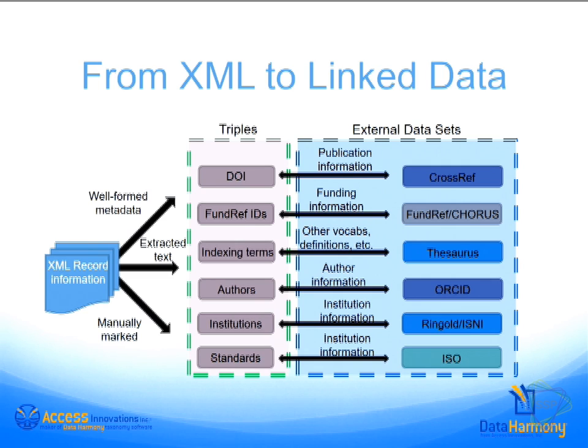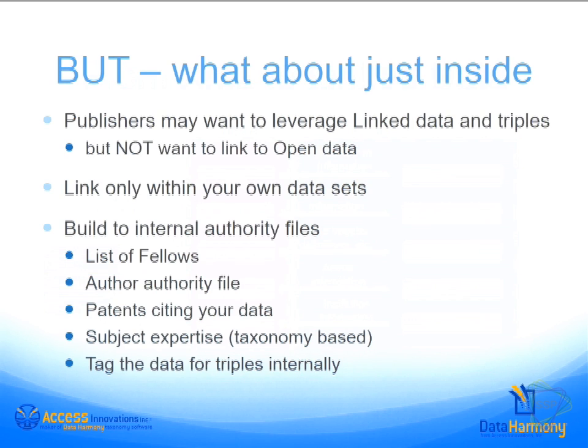So they might be inside your server cluster, but external to the triple store itself. And you might also go outside to verify that data out of Crossref. Your thesaurus might be inside. You might have downloaded ORCID IDs internally and so on. So you can do a lot of things leveraging both sides and be much more powerful.